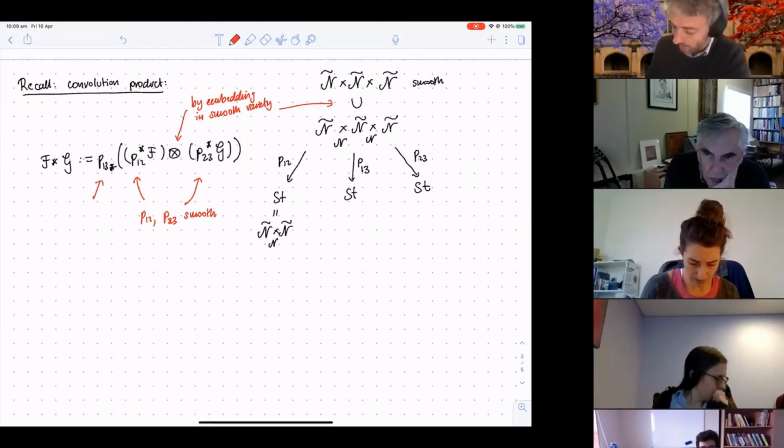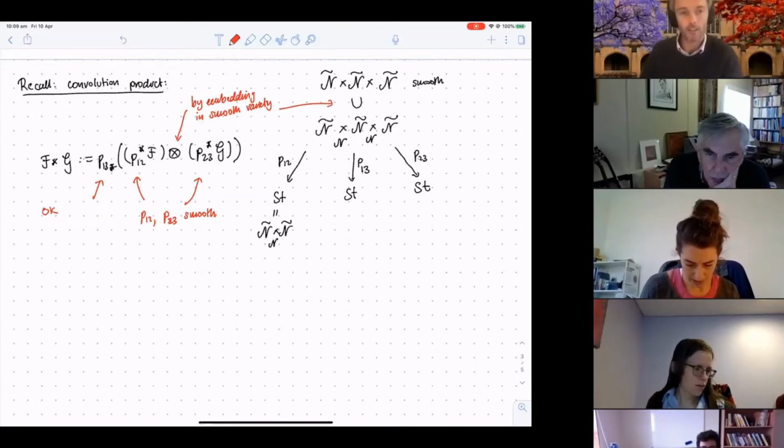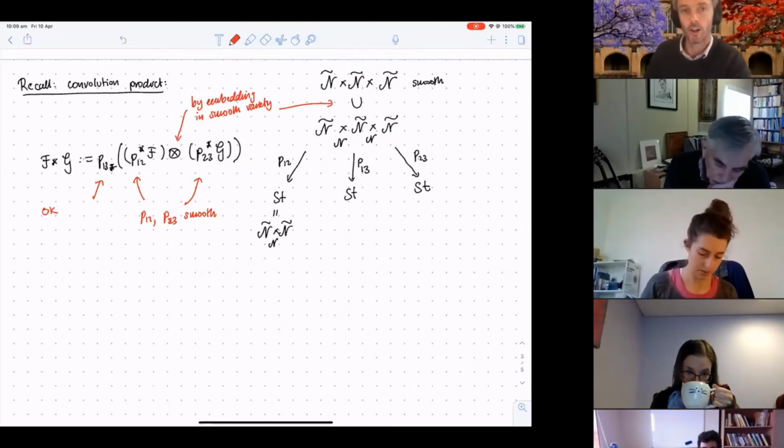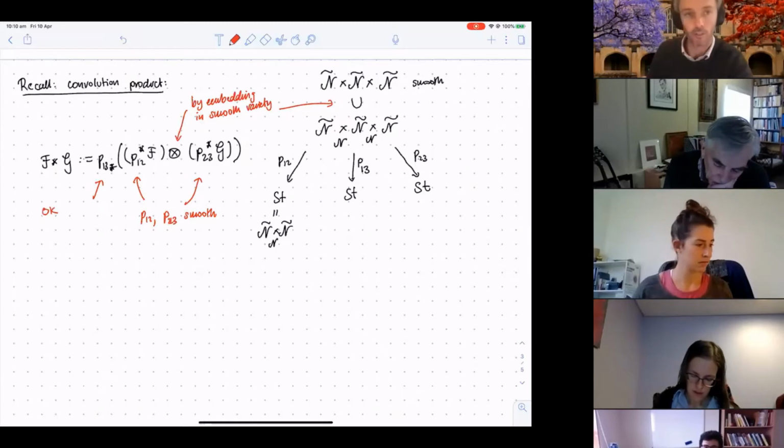And this is okay. So this projection map, this P13 map, is not proper, but what you can check is that it's proper on the support of this tensor product.